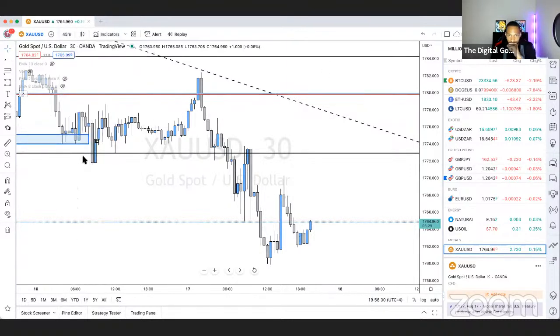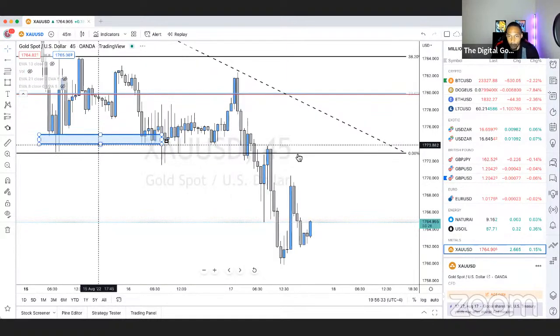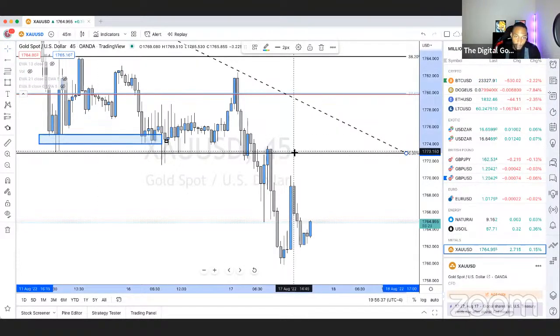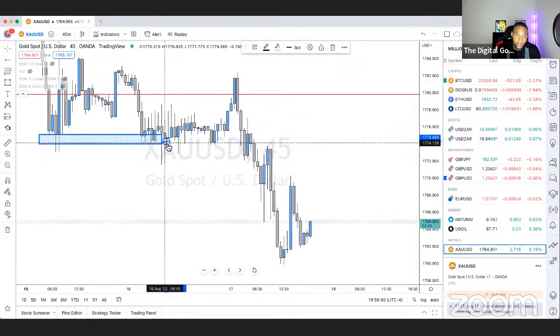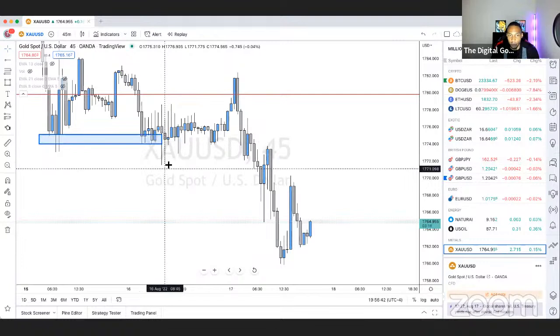Yep. Earlier right here, guys. So earlier today, gold pretty much gave you your break and retest. It's dancing around this area, playing around, as you see, wick projection.